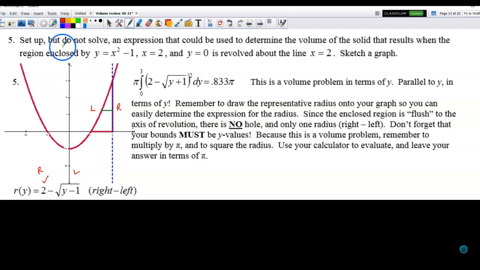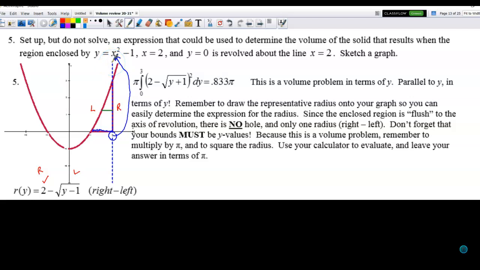My bounds, remember, we're in terms of y, so the lowest y value that we see in this region is a y value of 0. The upper bound, so right here we have x equal to 2, and it's where this line intersects the parabola. So to find that upper bound, I'm going to substitute 2 in place of x in the parabola to get the y value that goes with it.